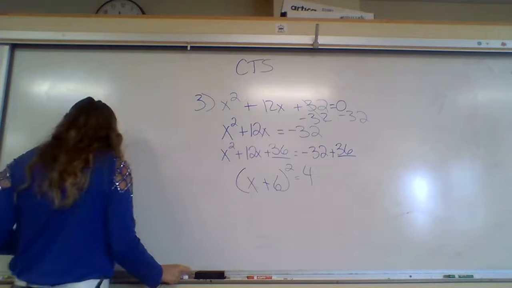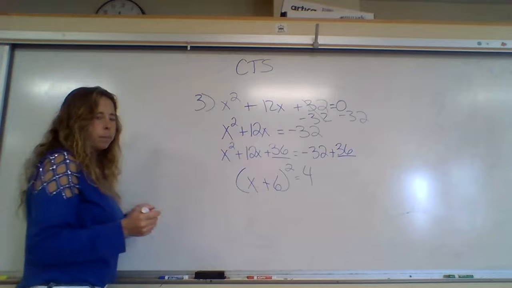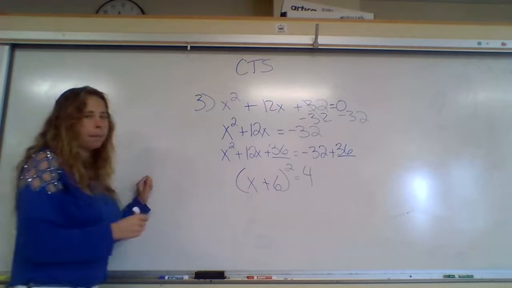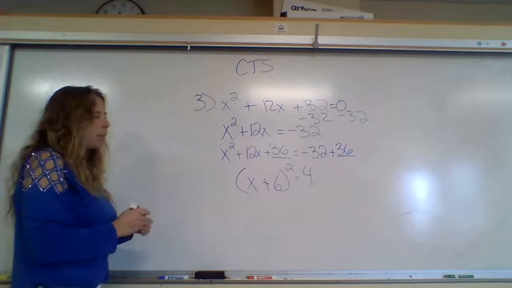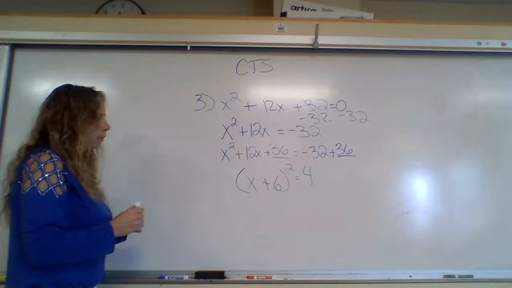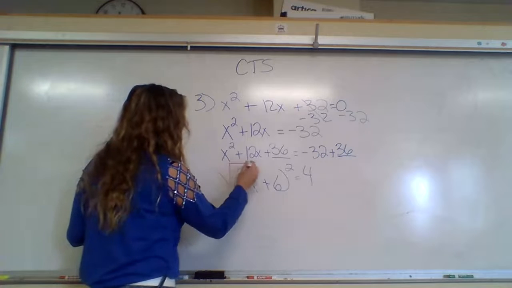Remember, you're solving for x. So I want to get rid of this squared. How do I do that? Think about it. How do I get rid of the squared? You take the square root of both sides.